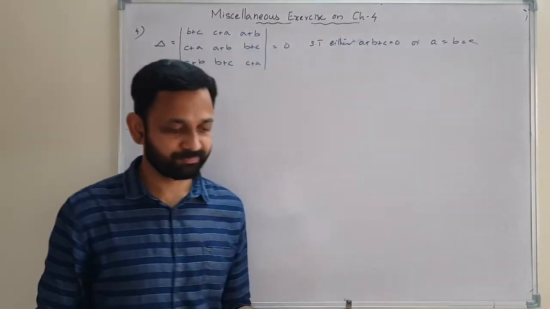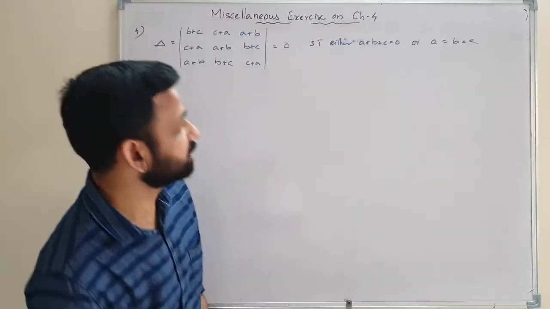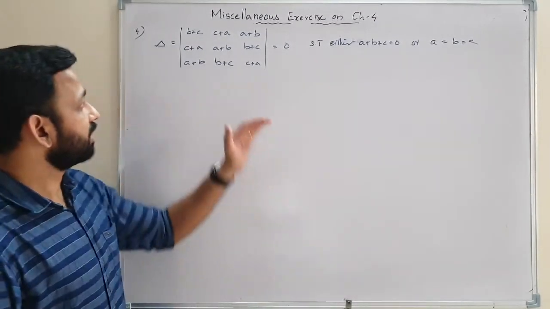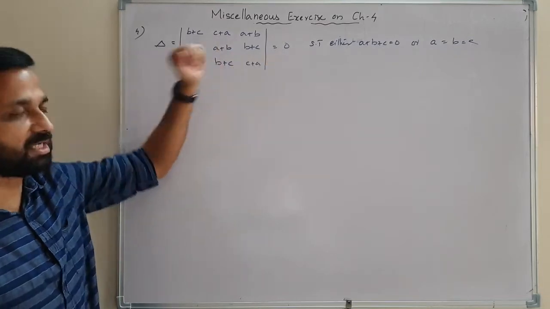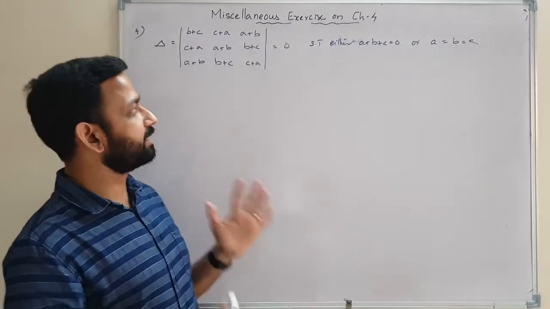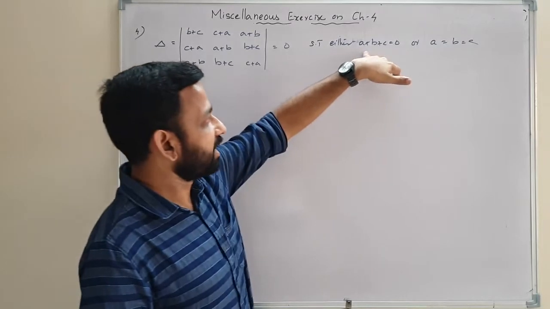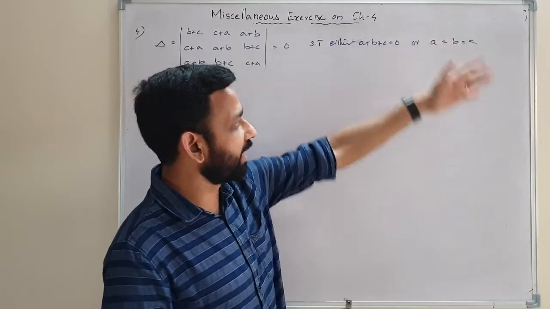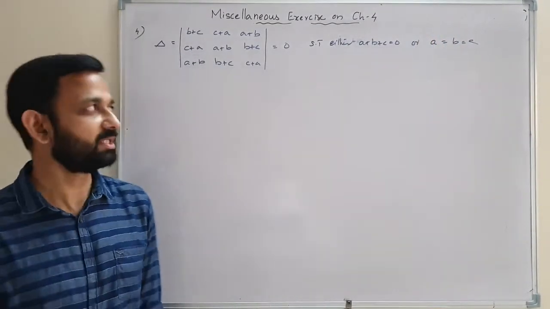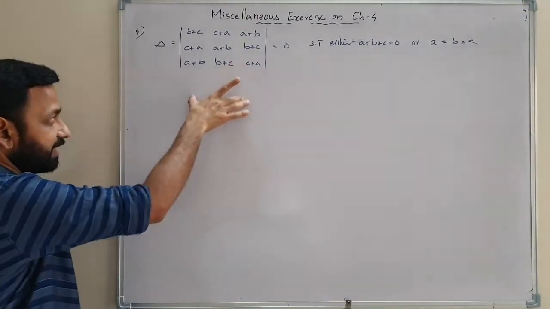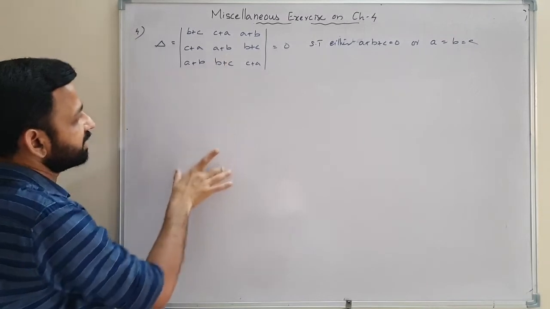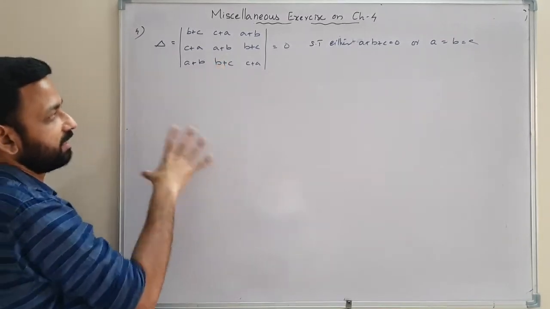That is our question. Here the value of this determinant equals 0, that is given. By using that condition, we need to prove either a plus b plus c equal to 0 or a equal to b equal to c. So first we find the value of the determinant by using properties on the left side.